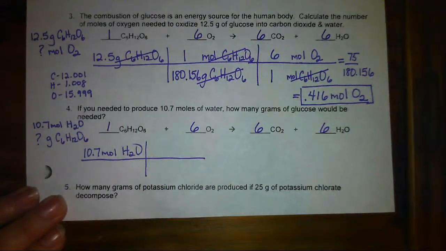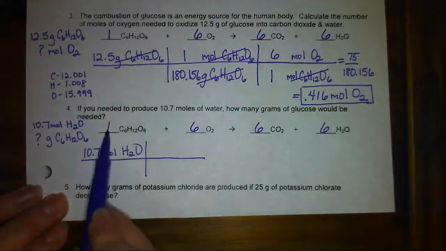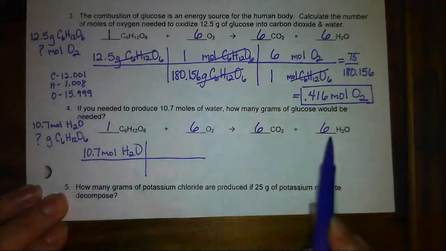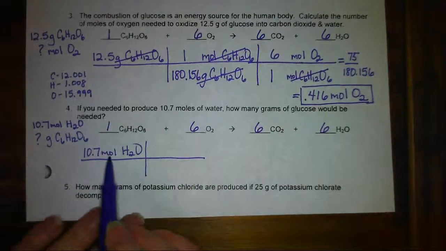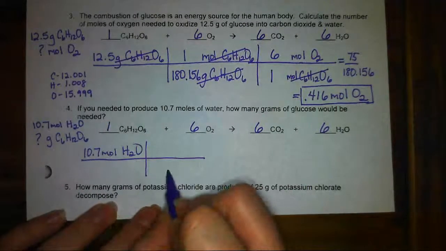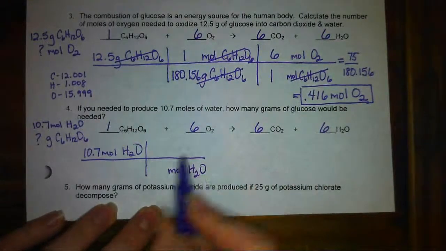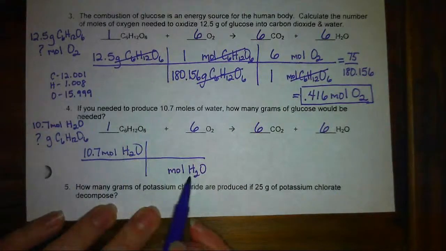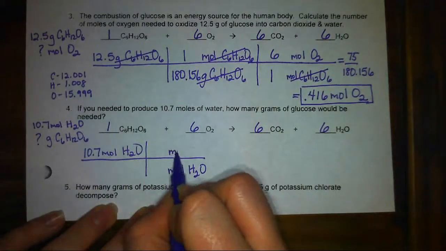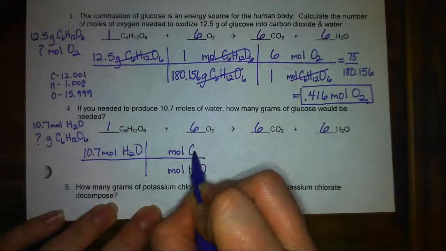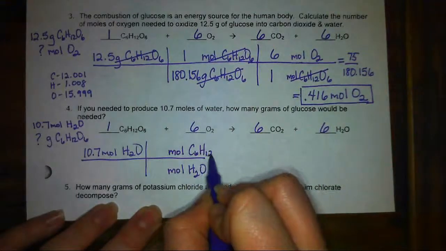I can go from moles of one substance to moles of another substance by using the coefficients in your balanced equation. So let's put moles of water down at the bottom. I'm eventually going to want that to cancel. So whatever's up here is the units you want down here to cancel. And I'm going to go from moles of water to moles of glucose.